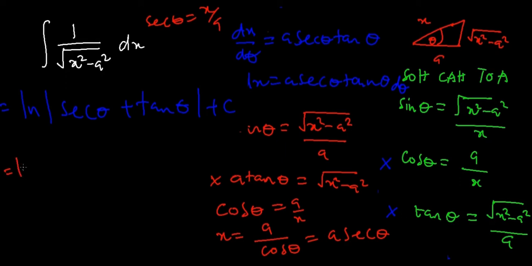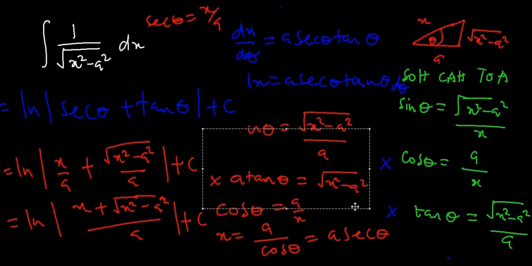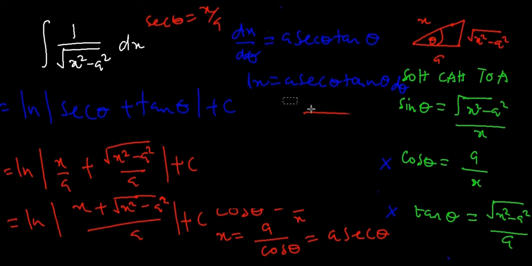This will be equal to the natural log of sec θ, which is x over a, plus tan θ, which is the square root of x squared minus a squared over a, plus C. So I can write this as the natural log of x plus the square root of x squared minus a squared, over a, plus C. Our answer looks a bit confusing, so let's see how we can simplify it further.